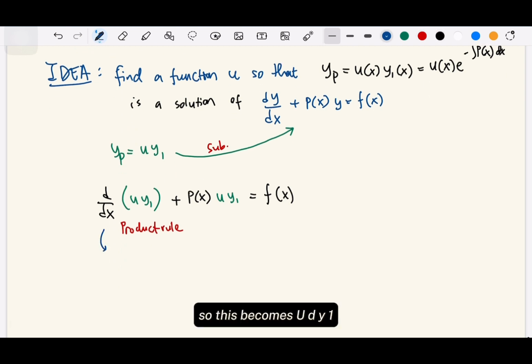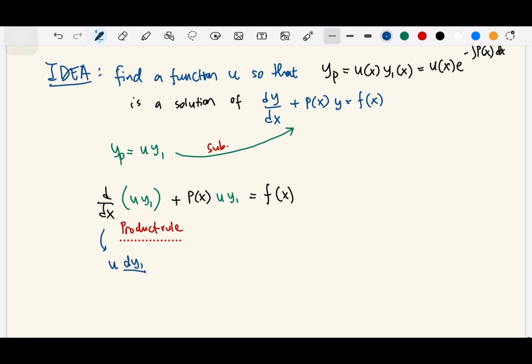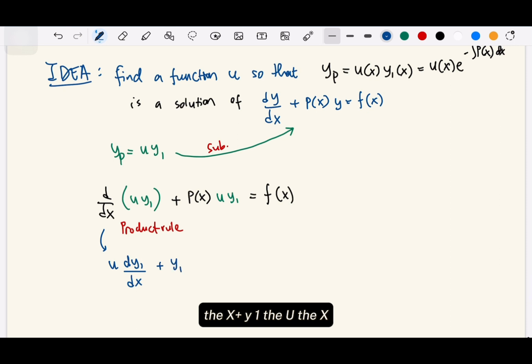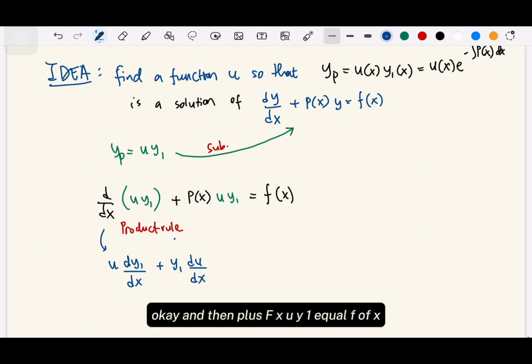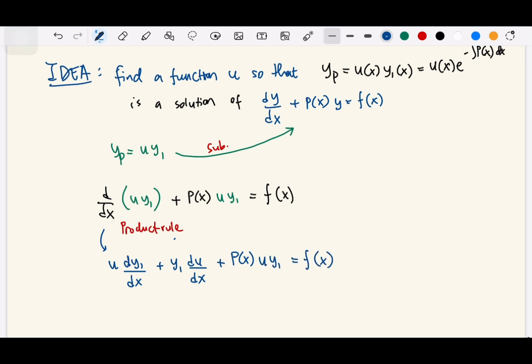So this becomes u dy1/dx plus y1 du/dx, and then plus p of x u y1 equal f of x.